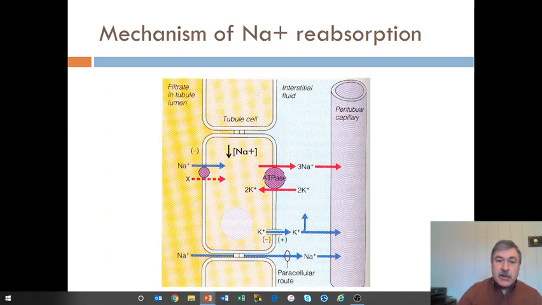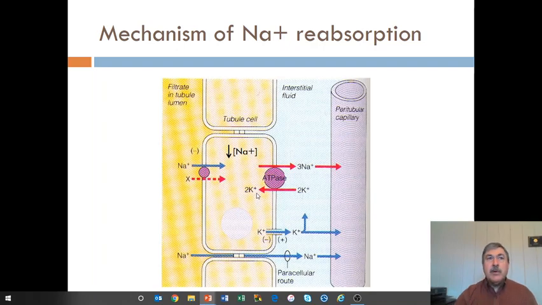So these other substances just kind of piggyback on the sodium gradient that transports substances into the cell. From there, they can just diffuse across the basolateral membrane, and then they can be taken up by the peritubular capillary. So the active transport of sodium across the basolateral membrane drives the co-transport of other useful substances like glucose and amino acids, which can be used as nutrients by our body. So you don't want to lose those useful substances.